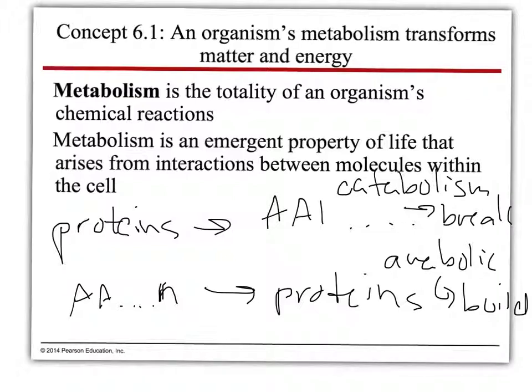Now, metabolism is an example of an emergent property of life, which arises from interactions between molecules. Amino acid plus amino acid is going to build a macromolecule and produce a protein, and that's going to store energy.